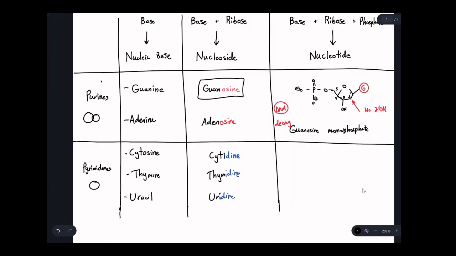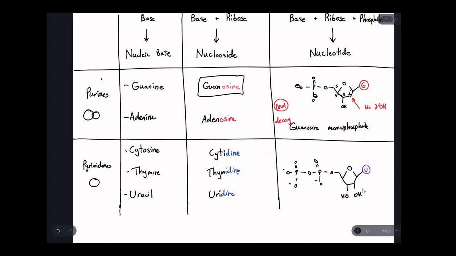For a pyrimidine, we can do something very similar. We take a sugar. Let's go ahead and do uracil. Uracil is only found in RNA, and so I'll have the OH there. There's my U for uracil. And let's now connect it to two different phosphates. So what we have now is uridine diphosphate.